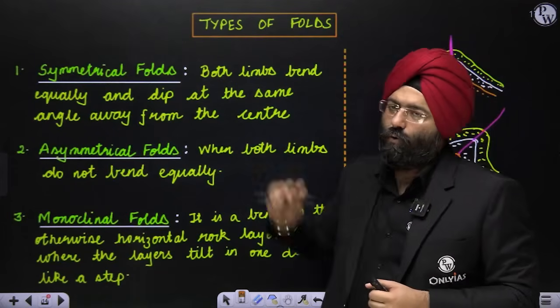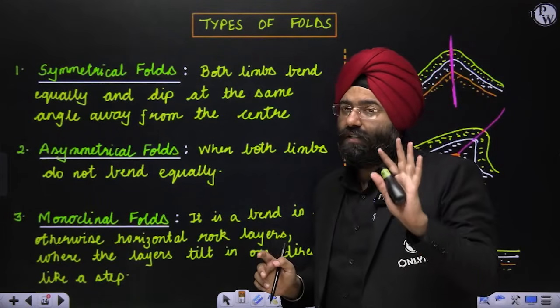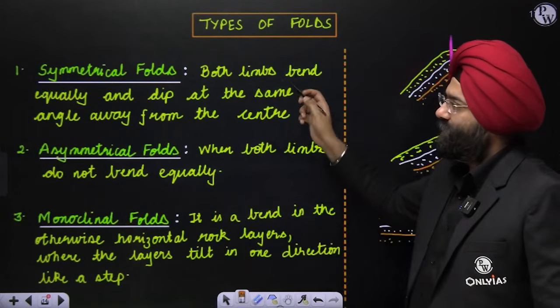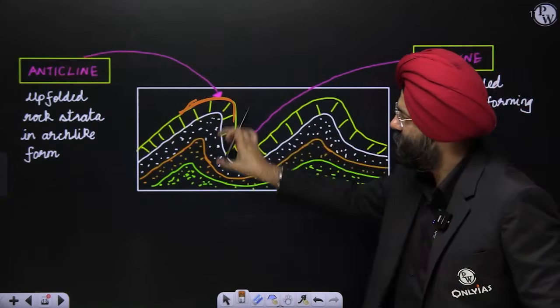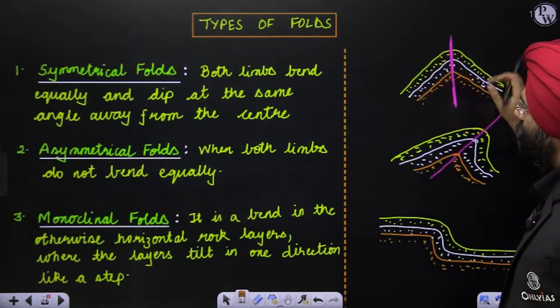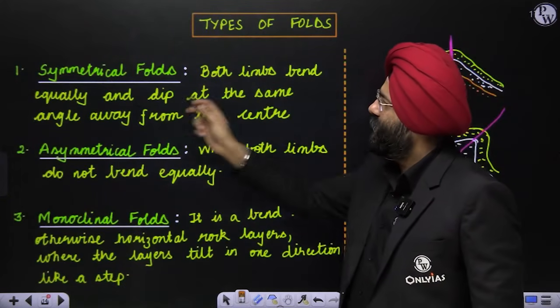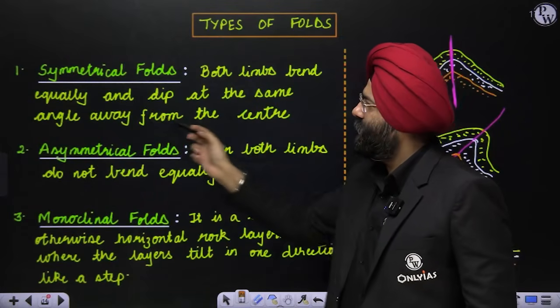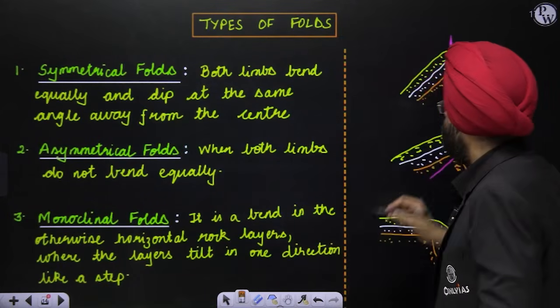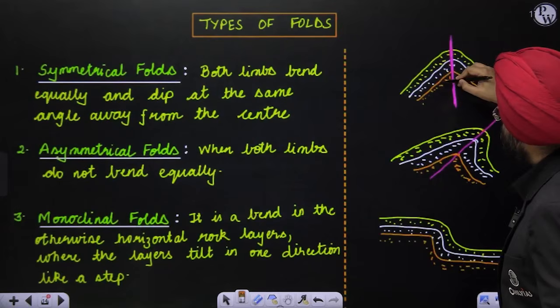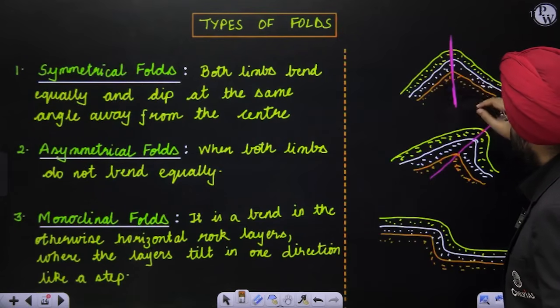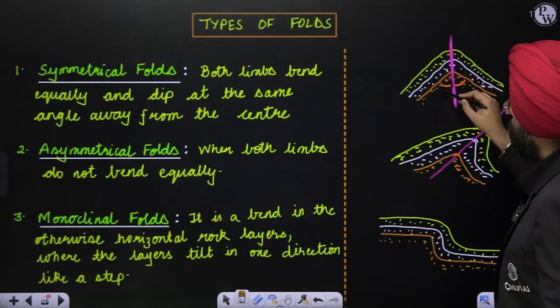So, symmetric folds. First of all, you know what the limbs are. Over here, this is one limb, this is another limb. Both limbs bend equally and dip at the same angle away from the center. Let us say this is a line, this angle and this angle are the same.